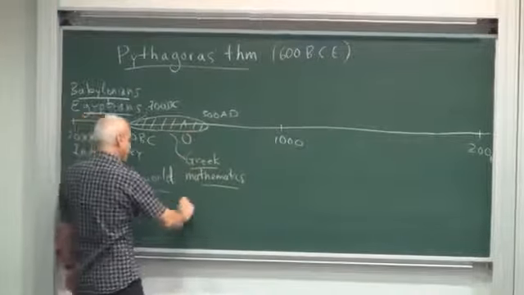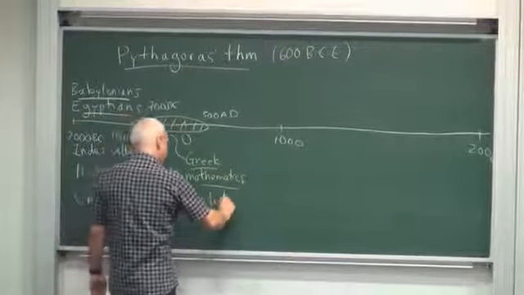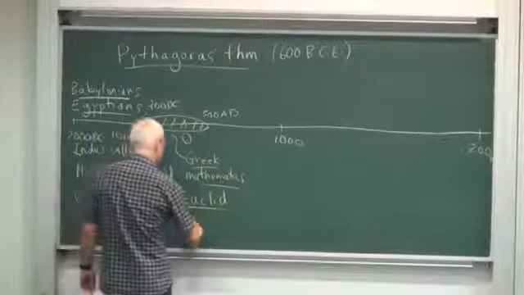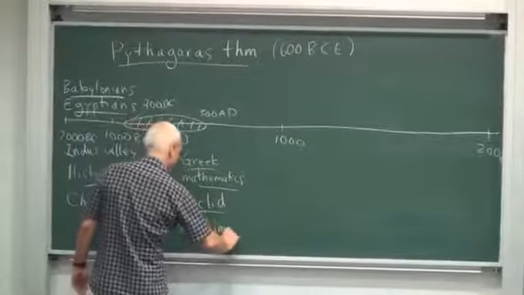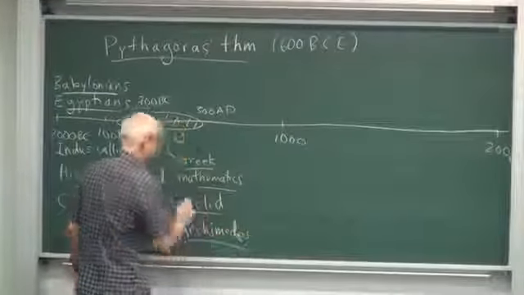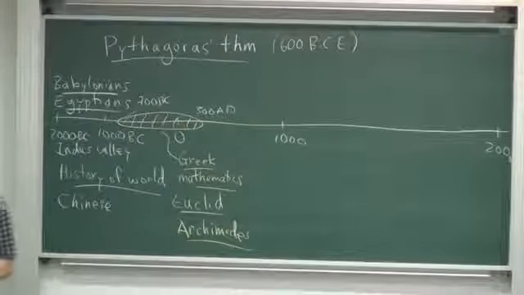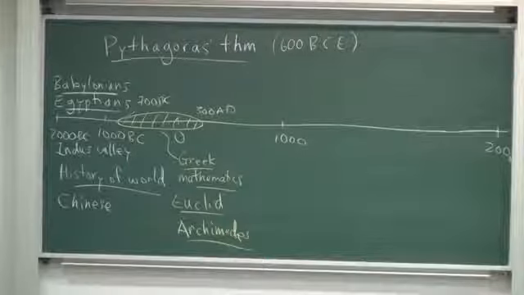Well, Pythagoras was one, but probably more famous than Pythagoras were Euclid and Archimedes. I would say these are the two towering figures in ancient Greek mathematics. But there are many other important Greek mathematicians too.